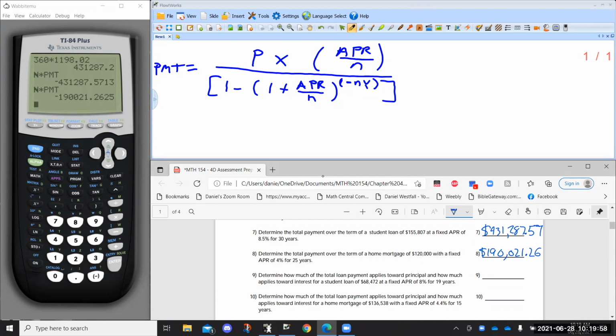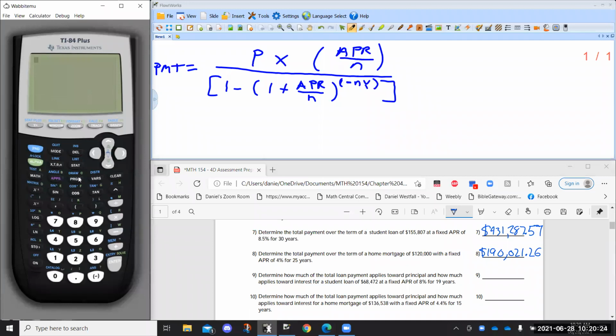Okay, so determine how much of the total loan payment applies toward principal and how much is applied toward interest. So all we're doing is taking the total amount at the end, the final value, minus the present value to get the interest when we're done.